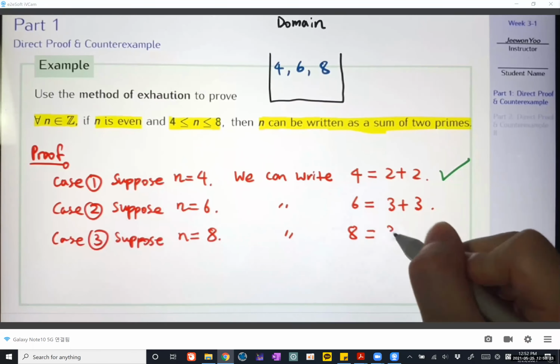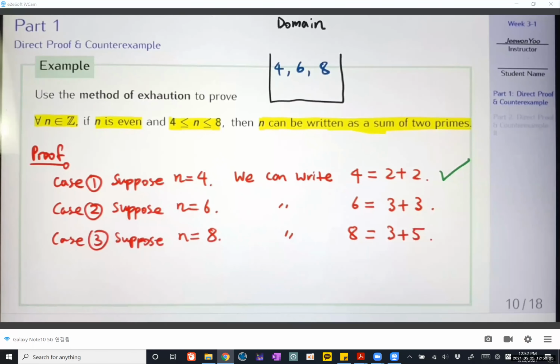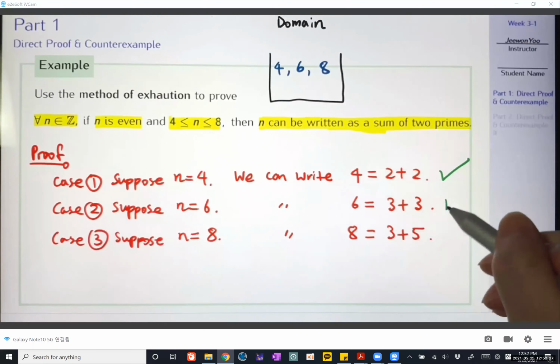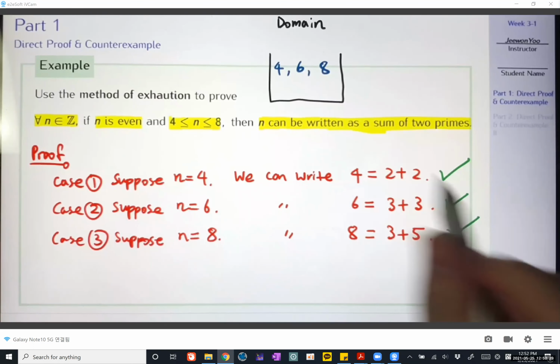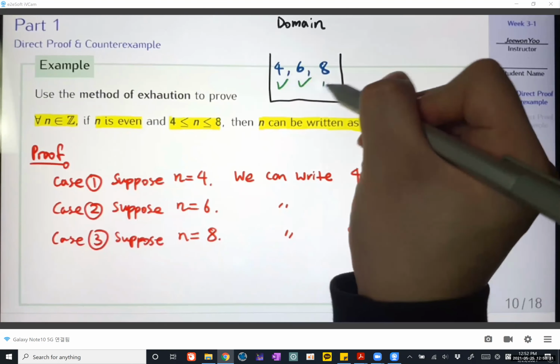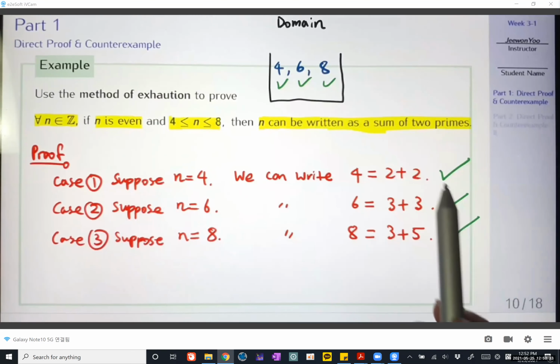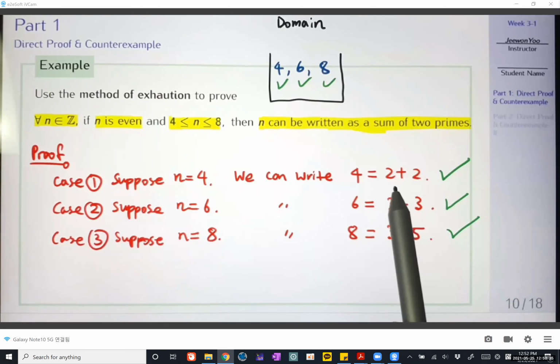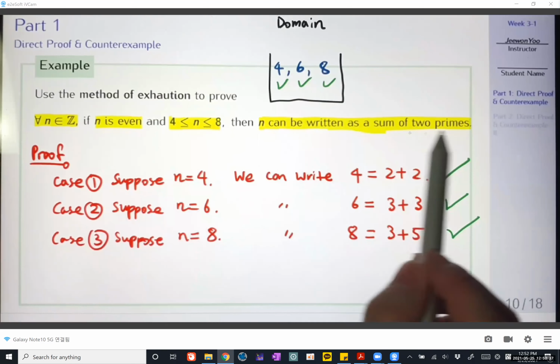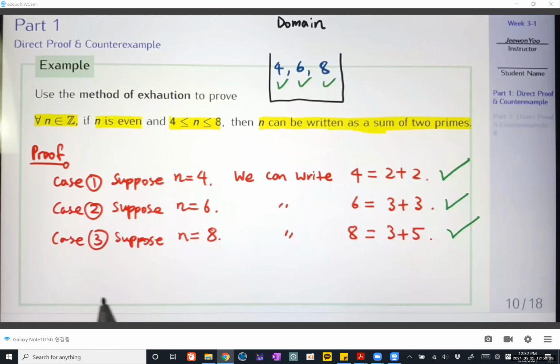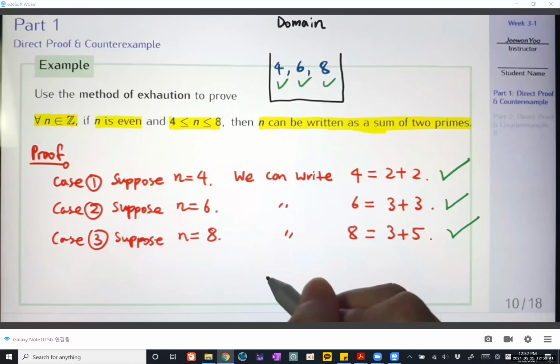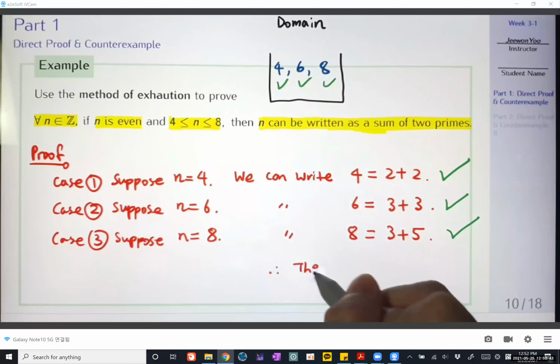So case 3 is true too. All the elements in the domain returned true, therefore we've proved the statement. So the statement is true.